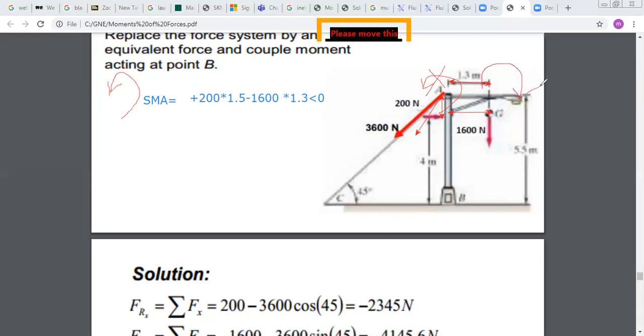So you put the clockwise direction and you put the positive value of the moment. Okay, any question? Okay, so we will stop here and we continue next time.